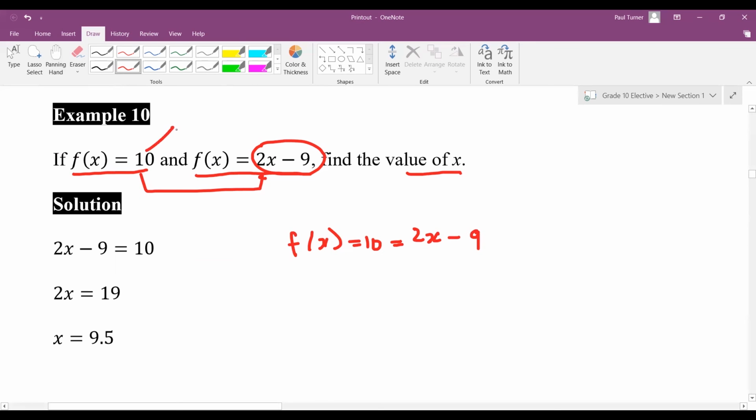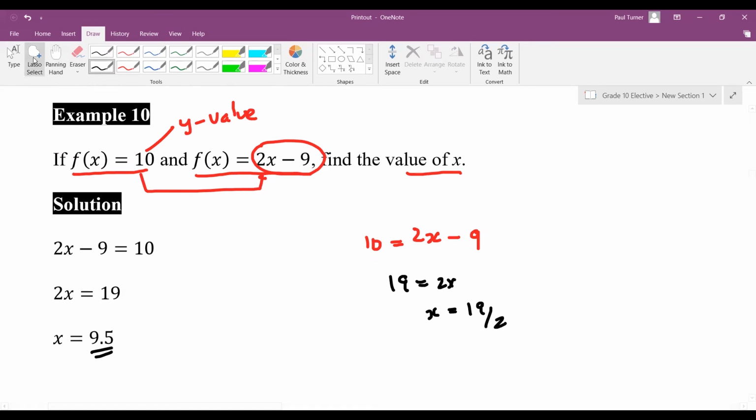This is actually your y value, 10. So this bit we can just rub off. Then that is 19 equals 2x. So x is 19 on 2, which is 9.5. All right, with that one.